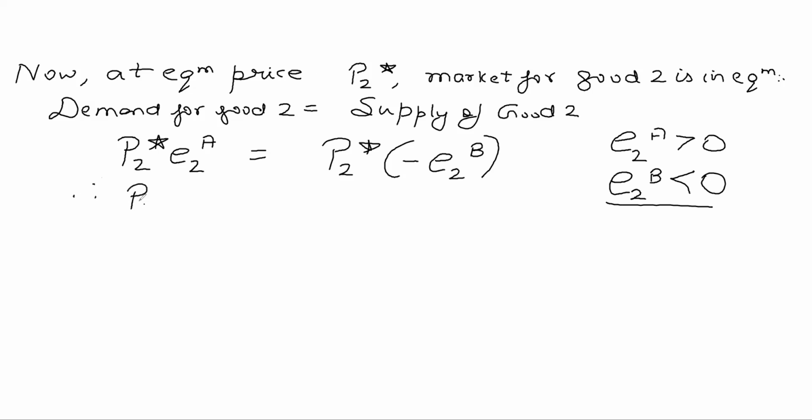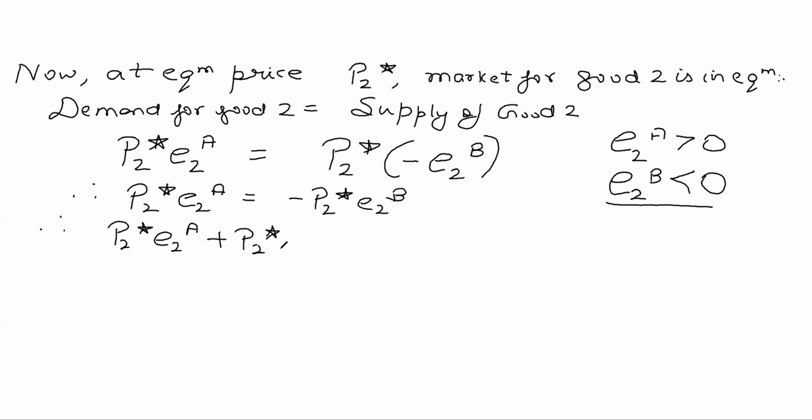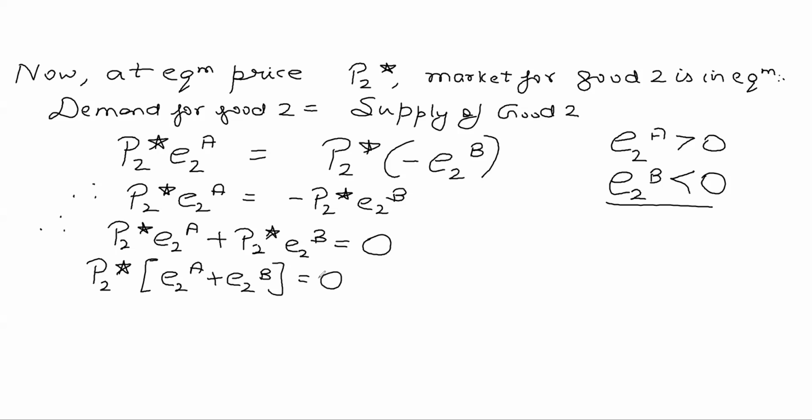Therefore, P2 star into E2A is equal to minus P2 star into E2B. I can bring everything to the left hand side. Therefore, P2 star into E2A plus P2 star into E2B is equal to 0. I can again take P2 star common. That makes it E2A plus E2B is equal to 0.